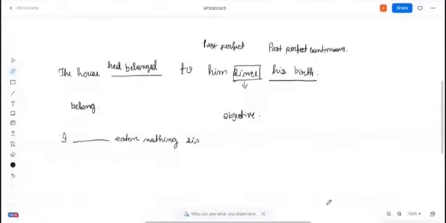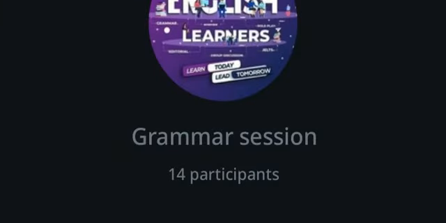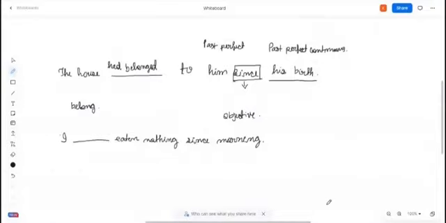Now, according to you, as you mentioned, when since comes in a sentence, you have to use perfect or perfect continuous, and that perfect should be past perfect. So will you use had or have? Have. Exactly. So I will use have.